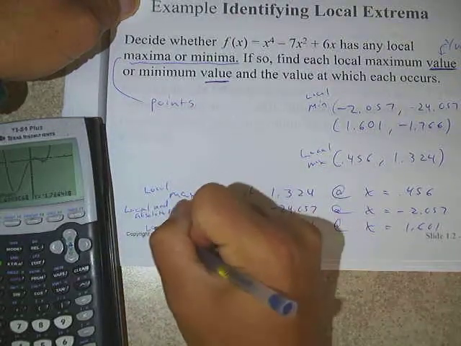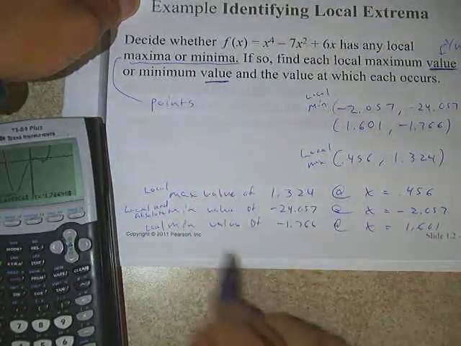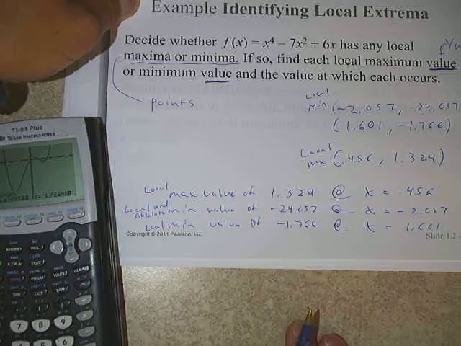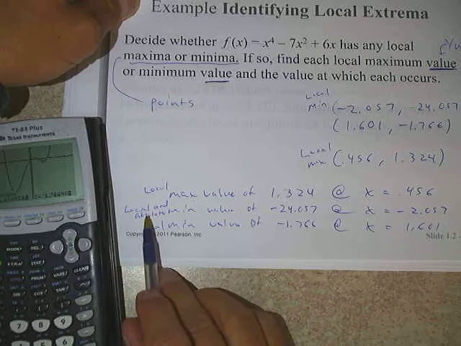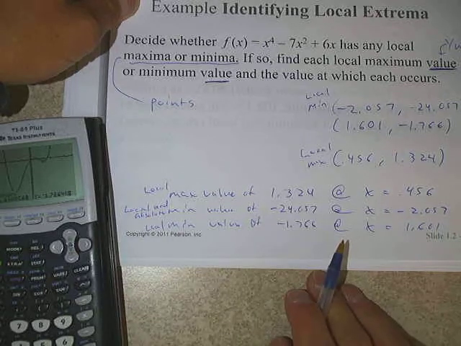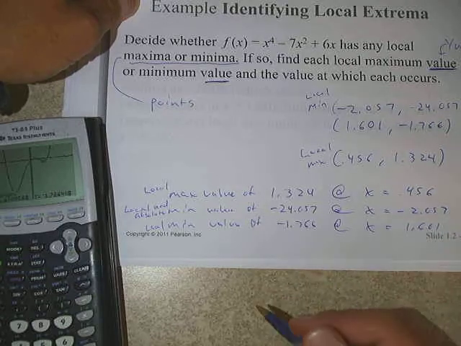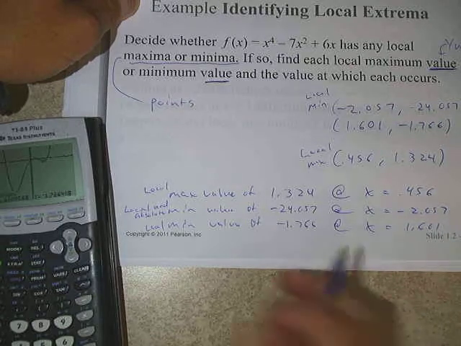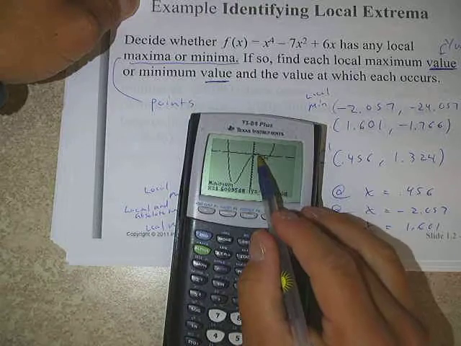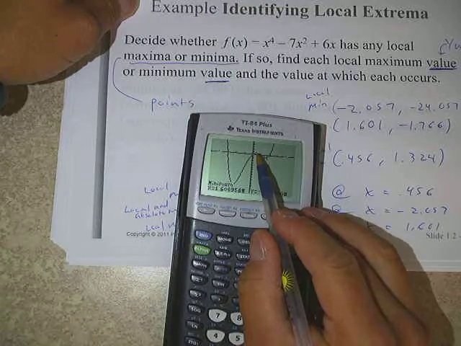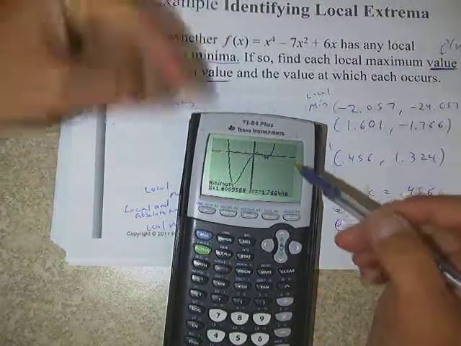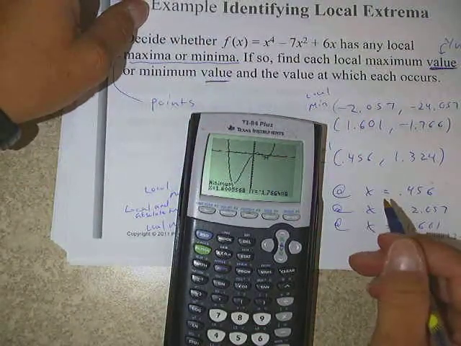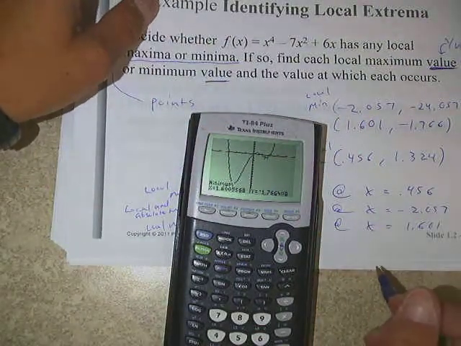So not only is this one a local minimum, okay, but it's also an absolute minimum. So this is a local and absolute minimum. All right, whereas these are just locals. Okay, but that one that goes down to negative 24, which is the lowest that this function gets, that we call an absolute minimum. Now, does that make it not local? No, it's still local, okay, but it's also absolute.